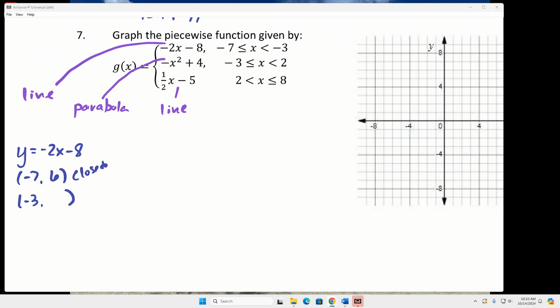Because that -7 has an or equal to, that endpoint is going to be closed. And then we'll do the same thing with -3. So we do -2 times -3 is 6. -8 is -2. And then this one doesn't have the or equal to, so it's going to be open. And I'm going to go ahead and graph that little line segment.